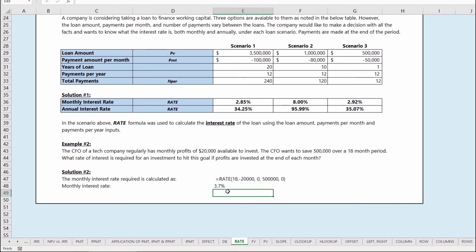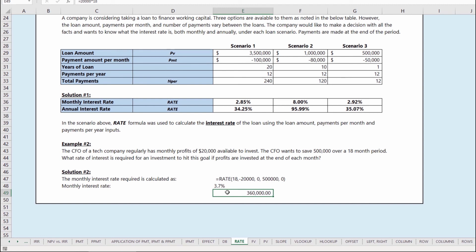And the other $140,000, i.e. $500K minus $360,000, is going to be the interest that accumulates over the 18 months at 3.7% compounding, bringing the total investment up to $500,000 by the end of the 18th month.